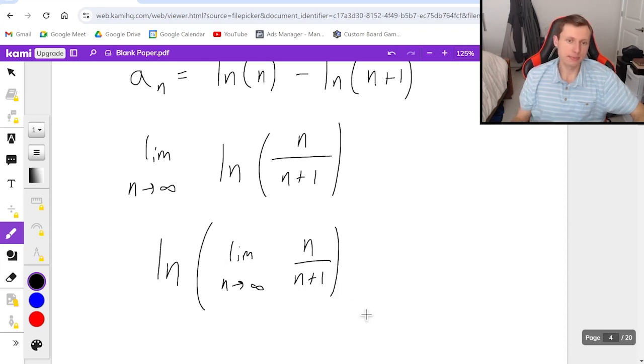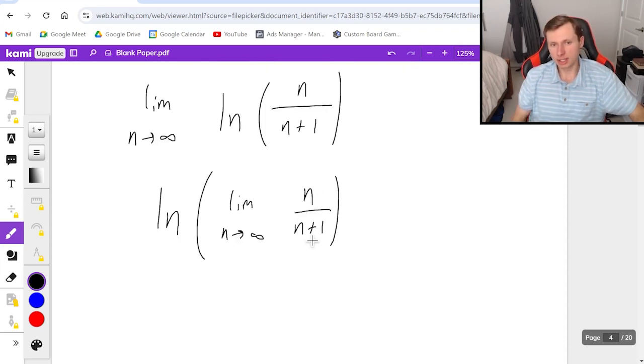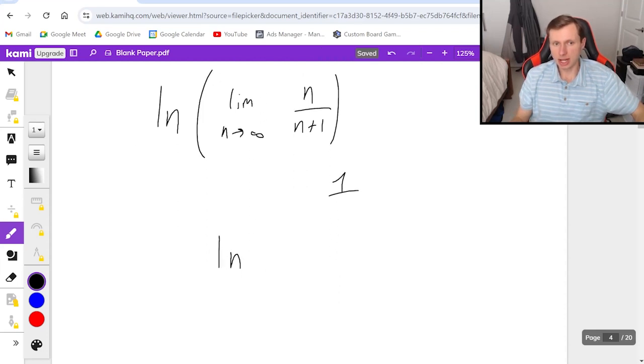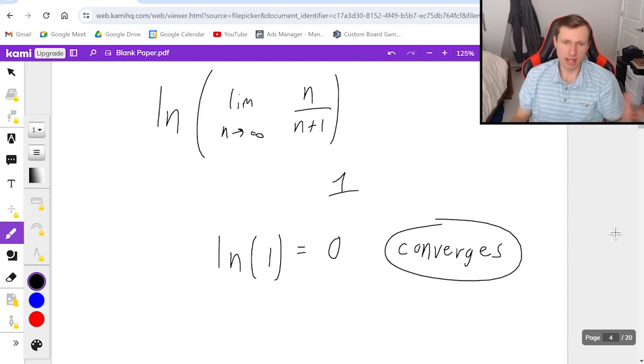This is allowed. And then I know this limit because it's two polynomials. Both of them have the same degree. This limit is going to be 1. So I really just have the natural log of 1 as a result, which is 0, which means this sequence converges. And that's it for that one.